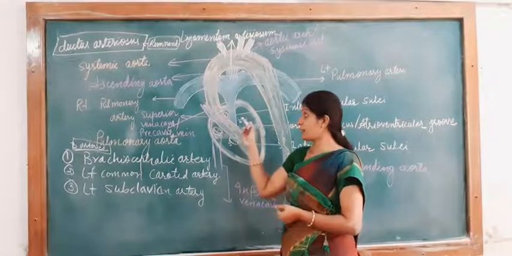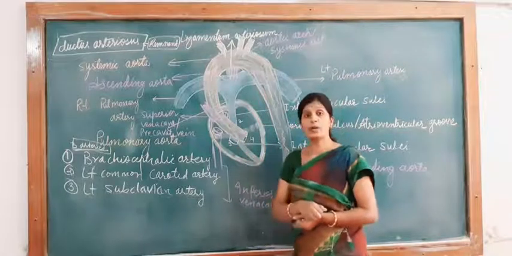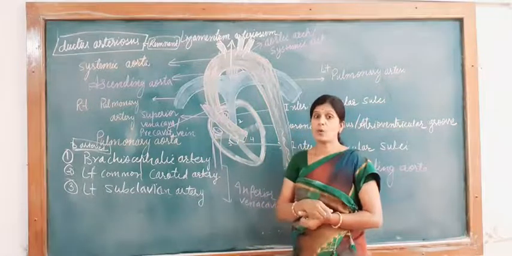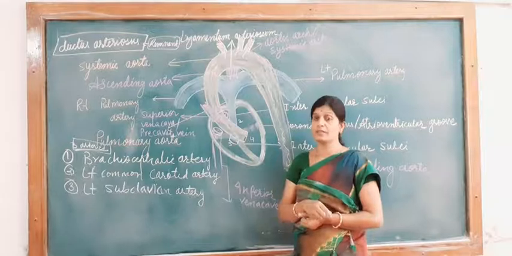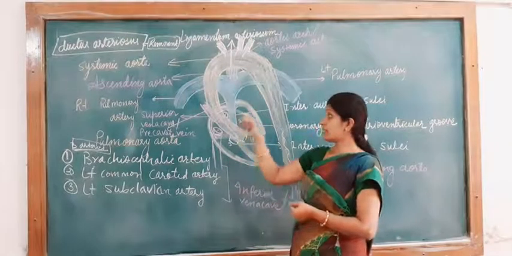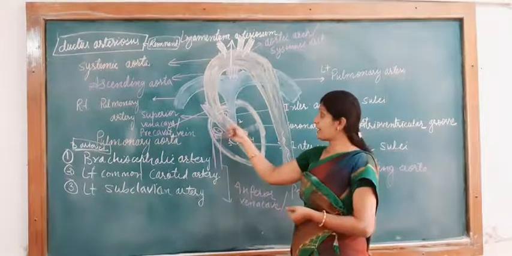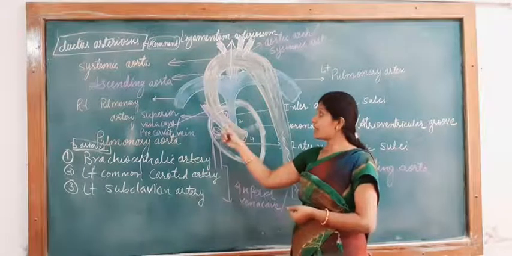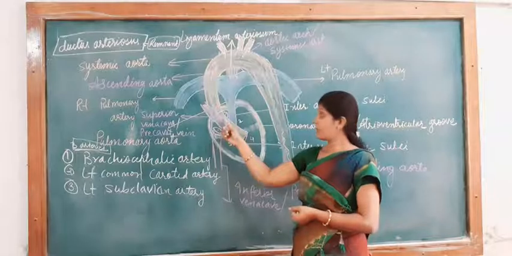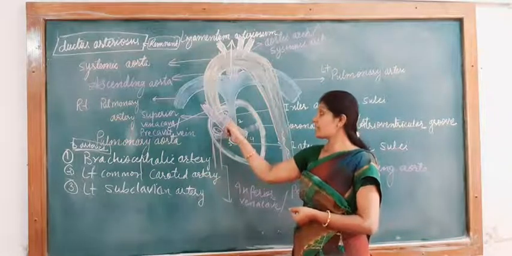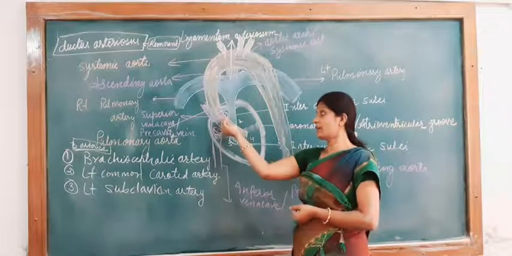That deoxygenated blood is collected by the coronary veins, and the coronary veins will be joined together. That is called the coronary sinus. That coronary sinus will open into this right atrium. Here the coronary sinus is also bringing the deoxygenated blood.